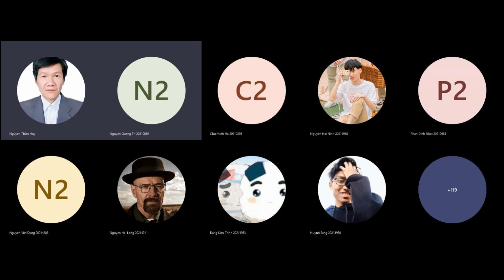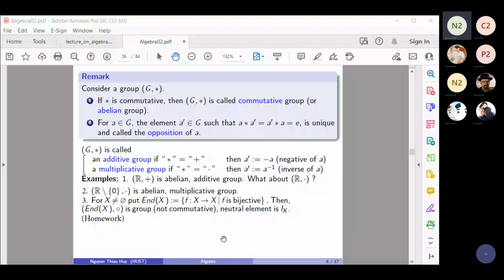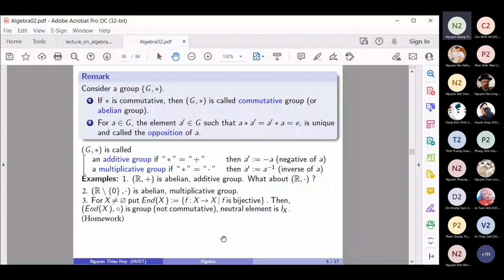Teacher, may I have a question? Yeah, of course, you can ask. We have already known the definition of binary operation, but I wonder why there is no such definition for an operation with three or more entries.